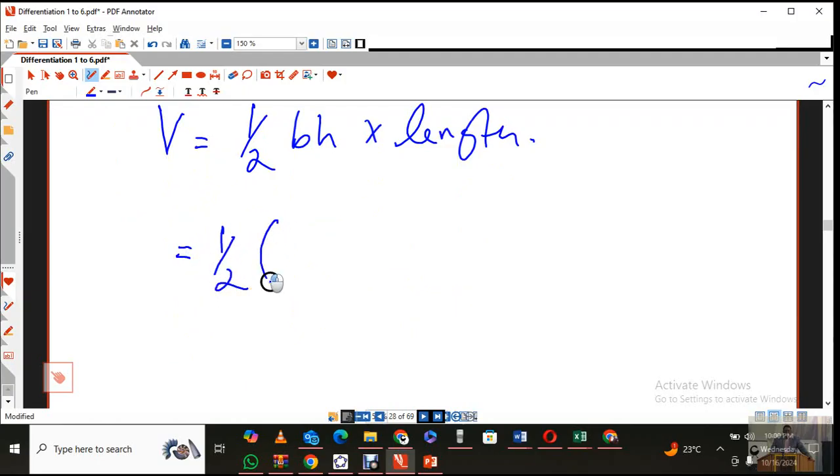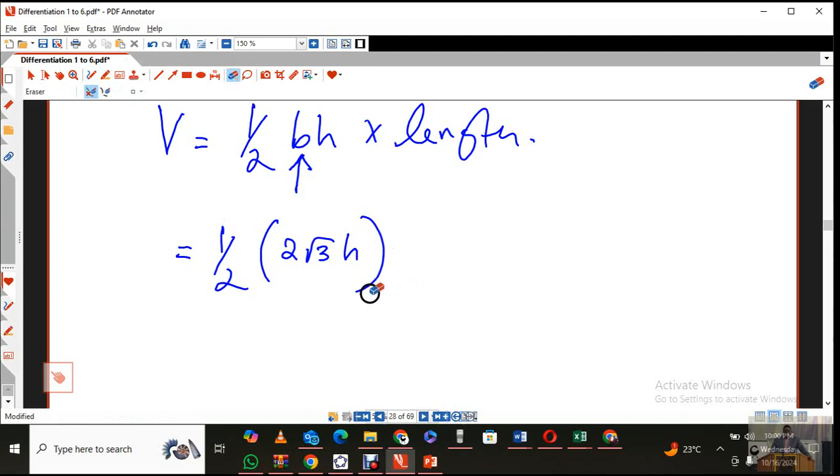And that will be 2 root 3h. Okay. Then you multiply this over here, multiplied by h. Just remove this a little bit, because that whole thing was replaced by that. So we're going to multiply that by h.